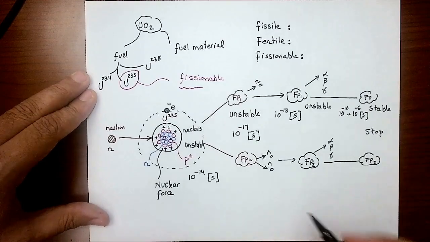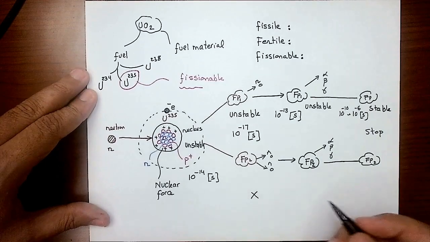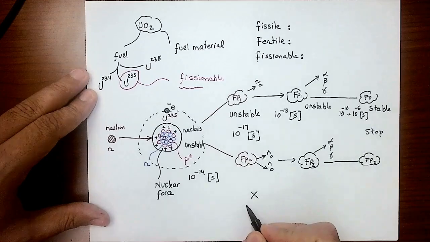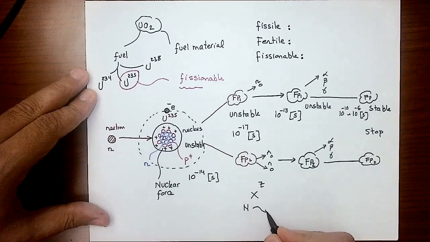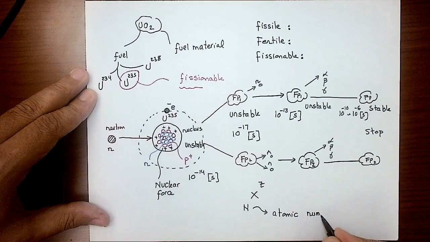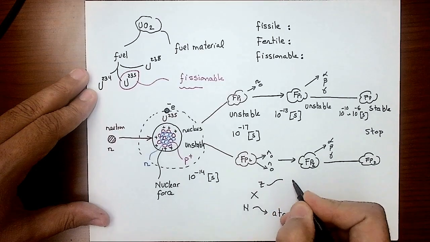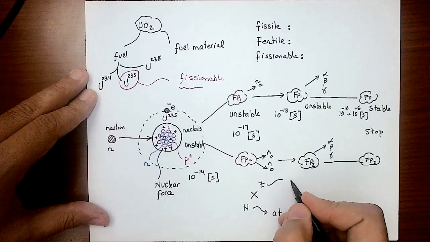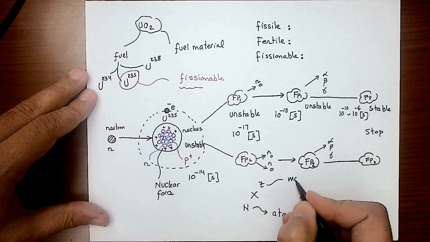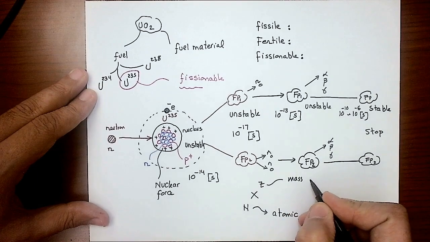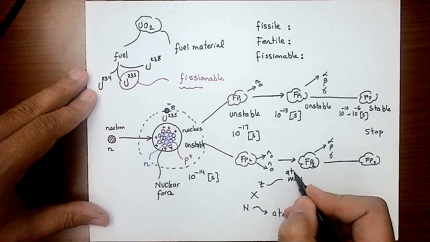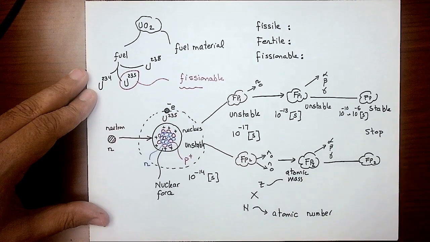One thing to remember: if I have any element, we usually write two numbers here, right? There is an N number and there is a Z number. What is N? It's the atomic number. And Z is the mass number, or the atomic mass number. Let's write down atomic mass.